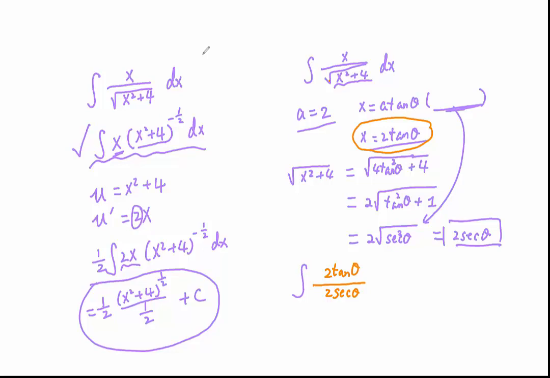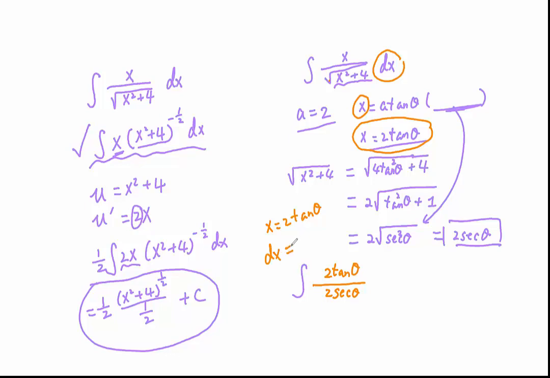So we now have to work on dx. We have x right here, and x equals 2 tangent theta. So I'm going to write right here x equals 2 tangent theta. So dx is the derivative of x, and the derivative of tangent theta.